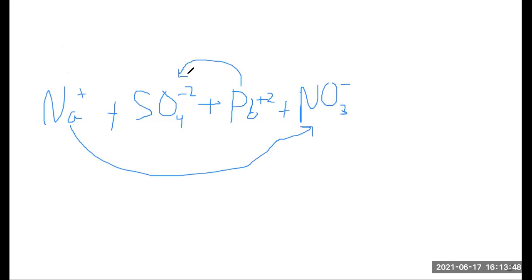Keeping in mind that when you create these molecules and you write them down, the positive ion must be at the front. You cannot write SO4 Pb. You have to write the lead at the beginning of your options there.